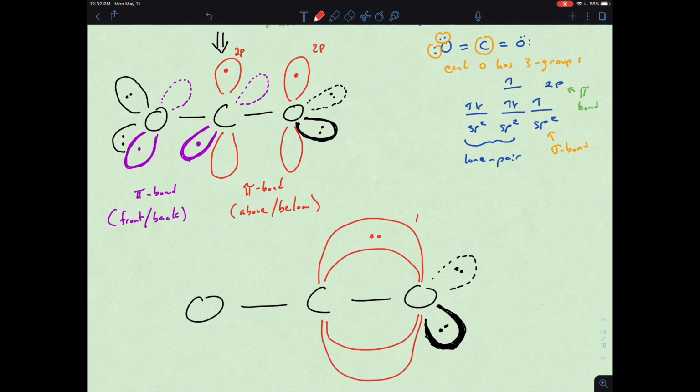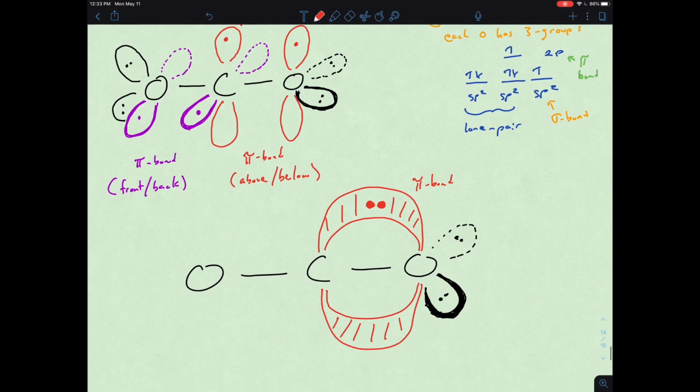And so there's the 1 pi bond that we have, with its 2 electrons being shared. And then we have the harder one, which is kind of coming out and going back.